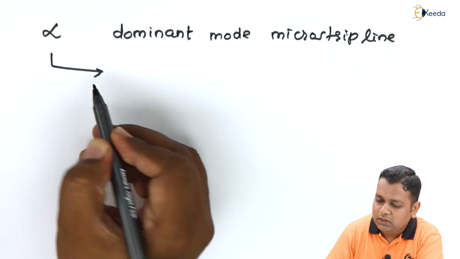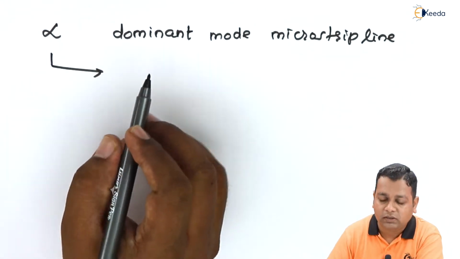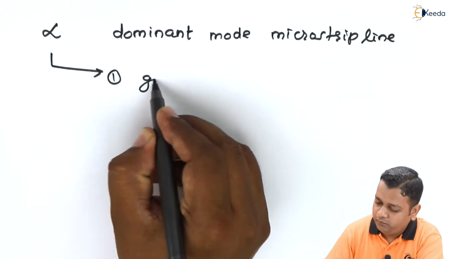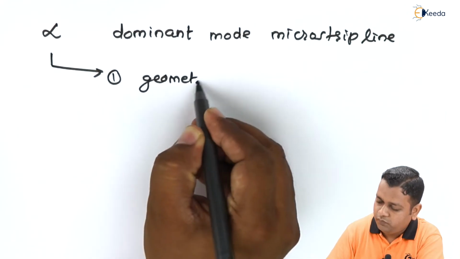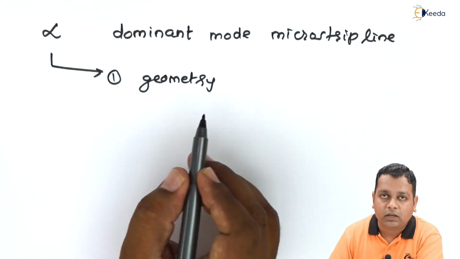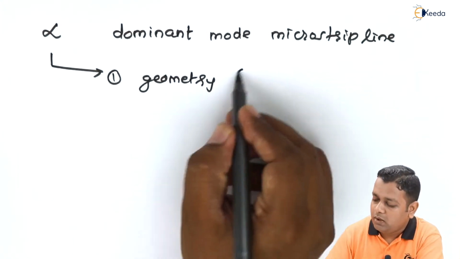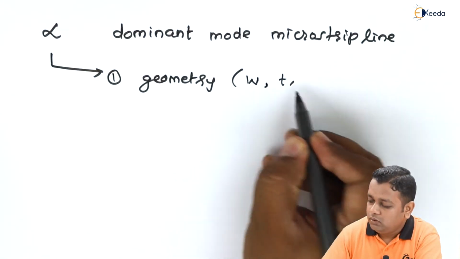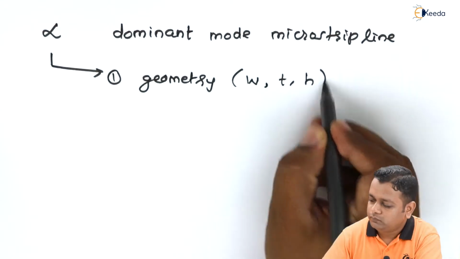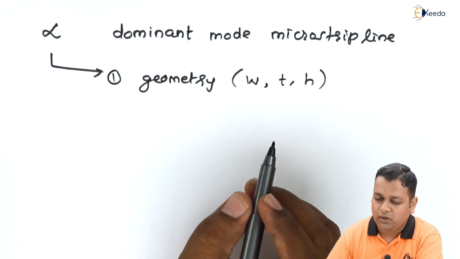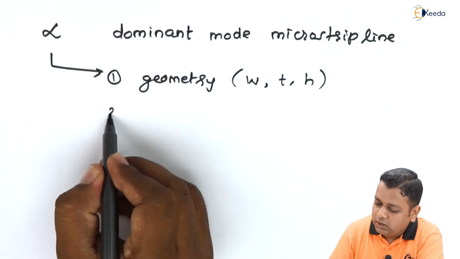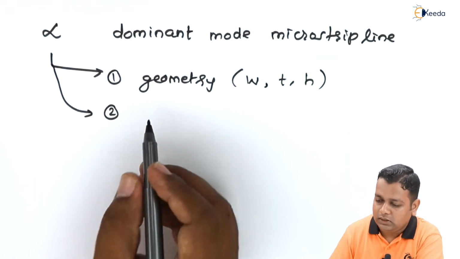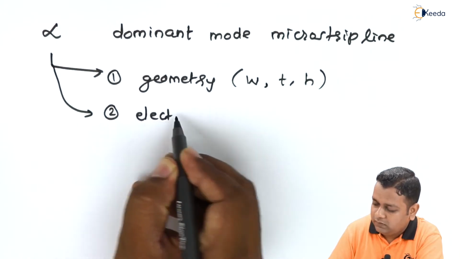So this alpha is dependent on various factors. The first factor is the geometry. This geometry is accounted for by the dimensions we have represented as W, T, H in this schematic diagram. Another factor on which alpha depends is the electrical properties.